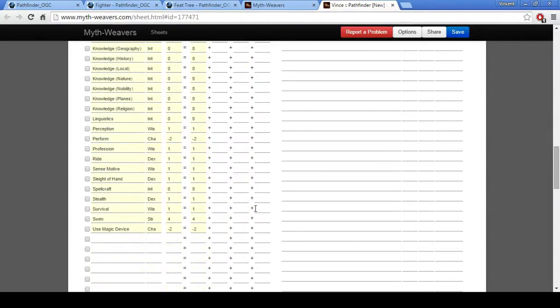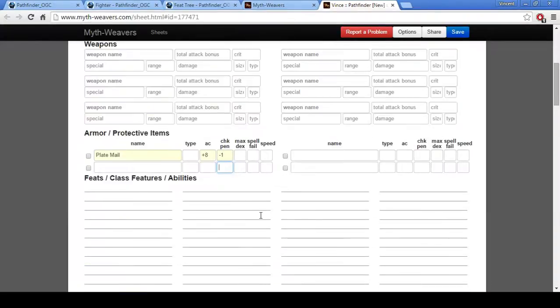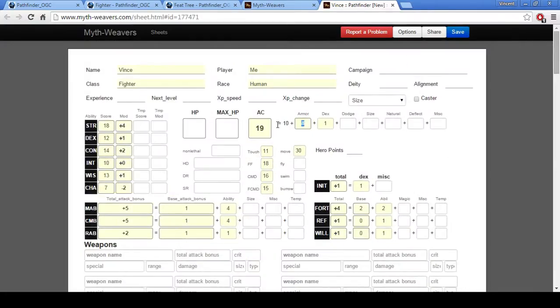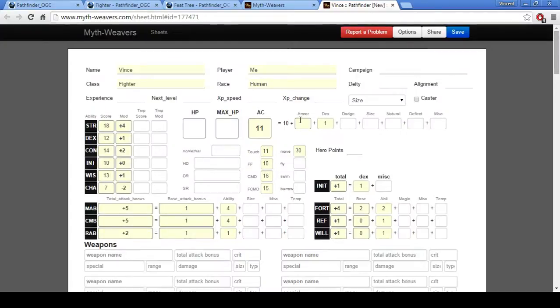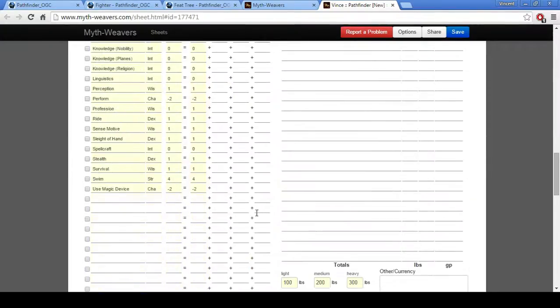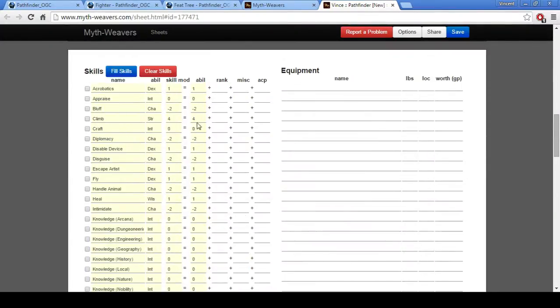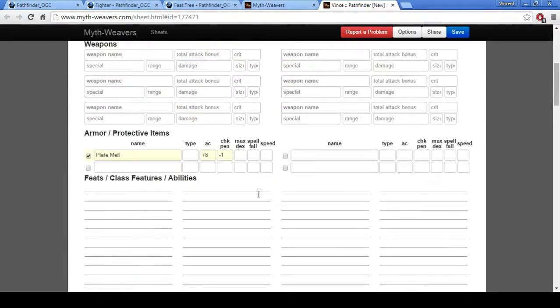This sheet's just not as good as their original sheet. I'm kind of disappointed in this sheet, to be perfectly honest. Oh, wait, I wasn't wearing my armor. Okay, it still didn't do it. But this gives me a chance to explain it.